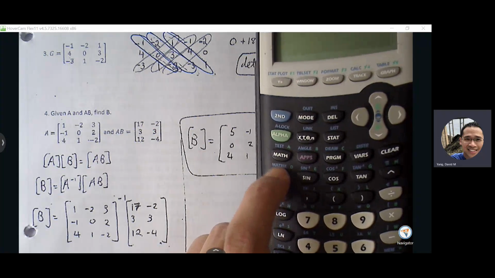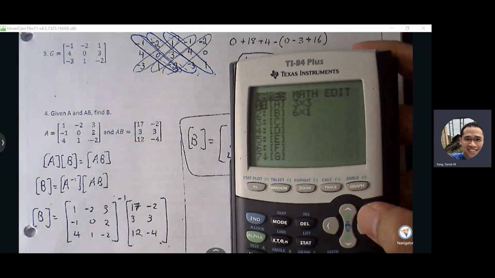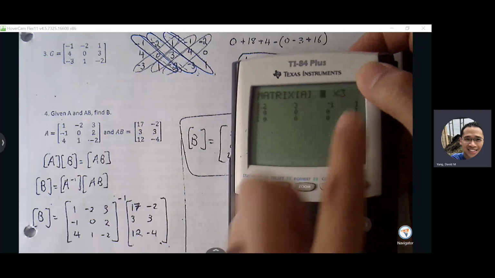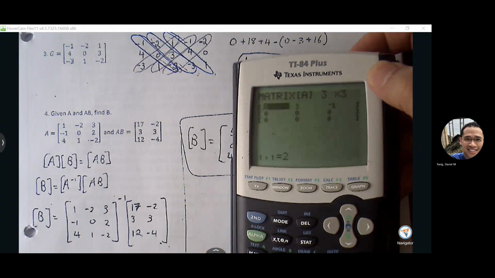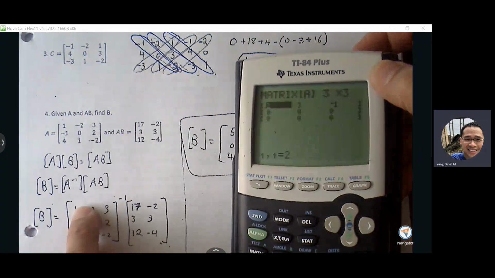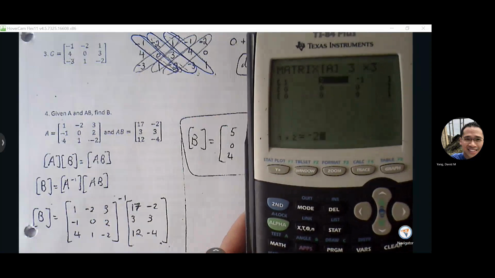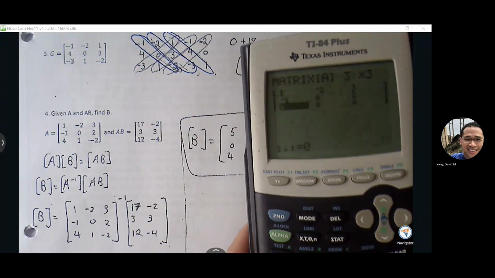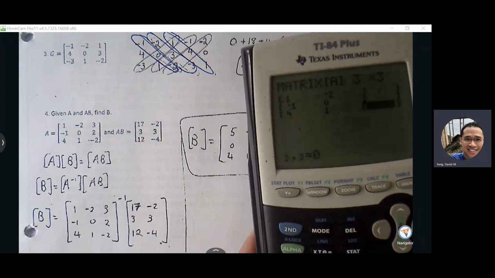So do second x, go to edit, and then call it a 3 by 3 matrix. Then enter your 3 by 3 matrix exactly as you see it here, 1, -2, 3. These numbers.